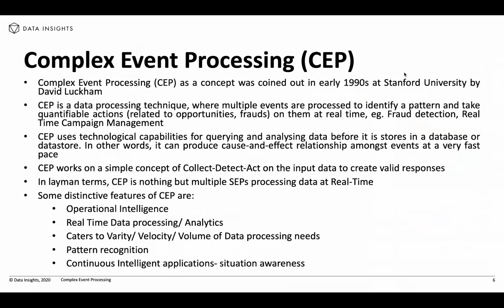CEP on its own is nothing but a pattern recognition system. The concept is that you process the events coming in at near real time, you generate the analytics or the value out of it, and then it hits your database. Later in these slides, we'll see how conventional data processing and complex event processing differ at a very high-level architecture.